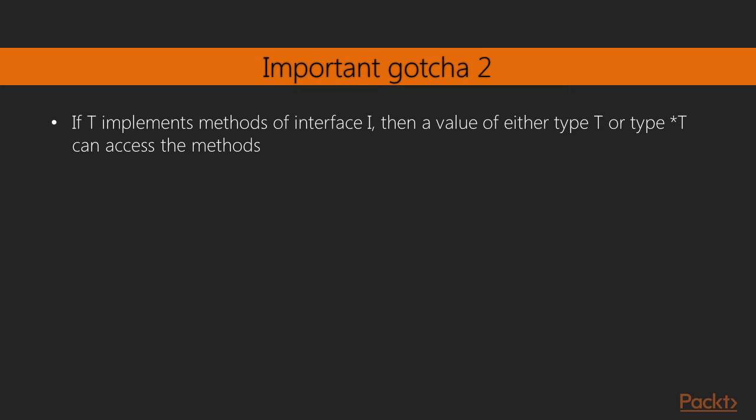The reverse of this rule is valid in Go though, meaning that if we have a type that implements methods of interface type I, then a value of either the type or a pointer to that type can access those methods. Let's see what that means by writing some code.